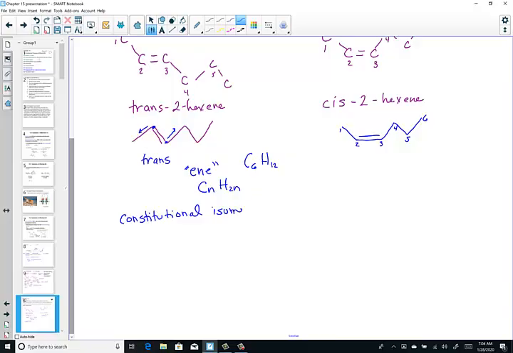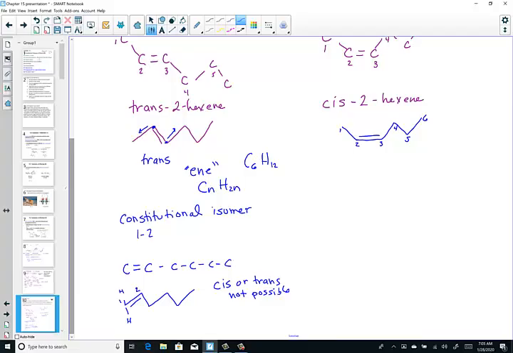So instead of between carbon 2 and 3, we could make it between carbon 1 and 2 and see how that works for us. Carbon 1 to 2, double bond, and then 3, 4, 5, 6. Notice if it's between carbon 1 and 2, there is no such thing as cis or trans because we have 2 hydrogens coming off of carbon 1 to complete its 4 bond requirement.